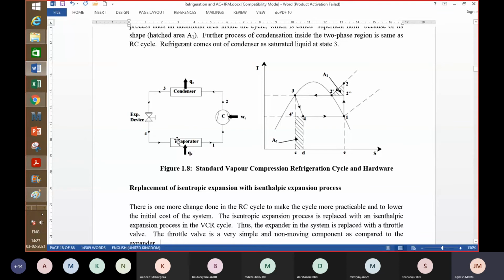So it's an isentropic compressor, and then you have a condenser which is rejecting heat to the ambient most of the times, and condensation is occurring, but of course initial part of that is desuperheating. When it enters into the compressor, it is saturated vapor, dry saturated vapor, and you are compressing it up to 2 here, and then desuperheating and then condensation. When it comes out of the condenser, it is saturated liquid, and then you are using an isenthalpic expansion device.